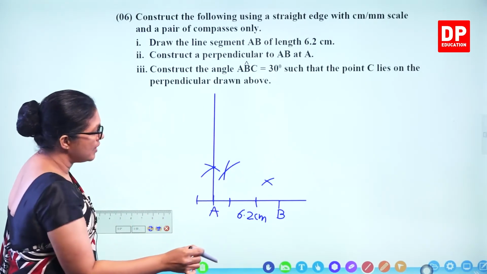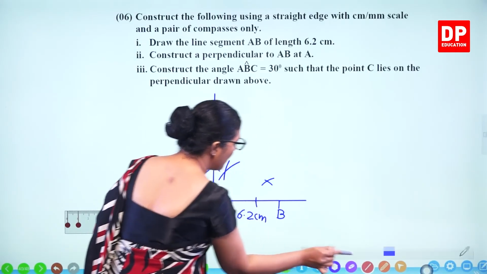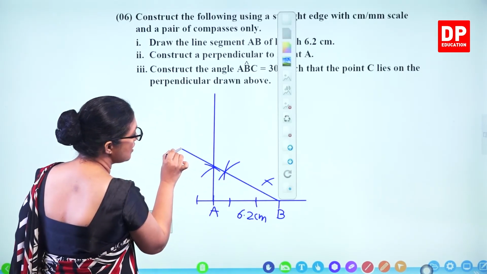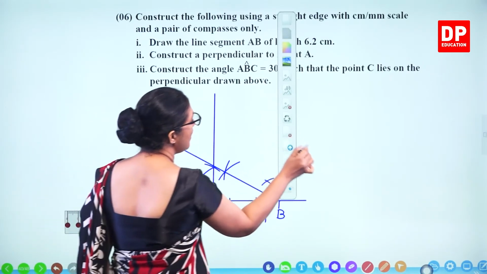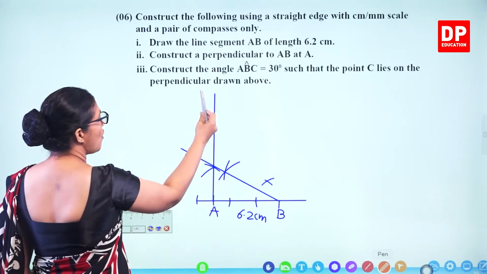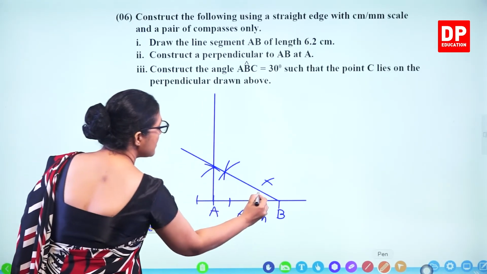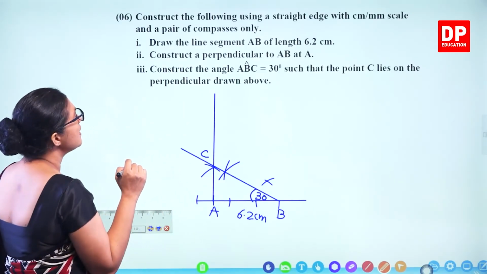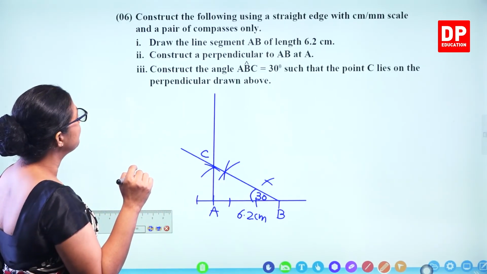Now we found the intersection. Connect with B. B and this intersection is the line. So the intersection of the bisector and this line, this is 30, is the C point. So that's the C point.